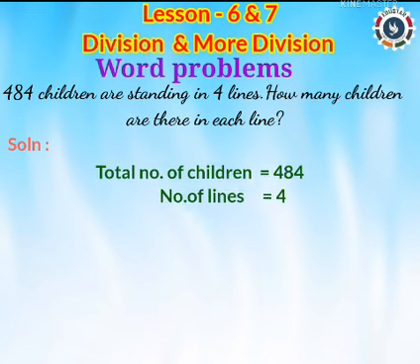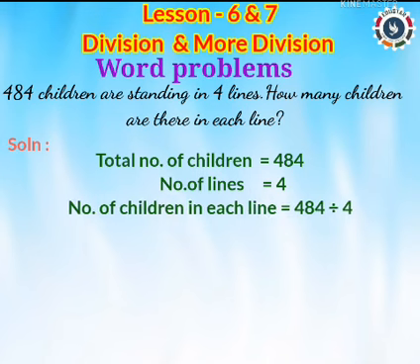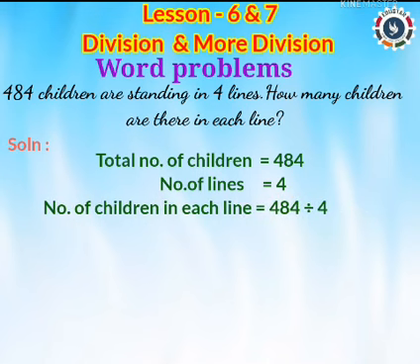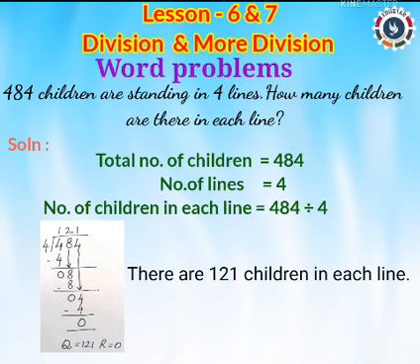Number of lines is equal to 4. Number of children in each line is equal to 484 divided by 4. If we divide 484 by 4, we get 121. Therefore, there are 121 children in each line.